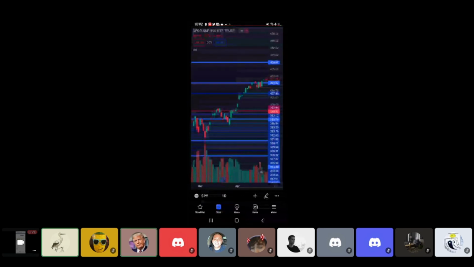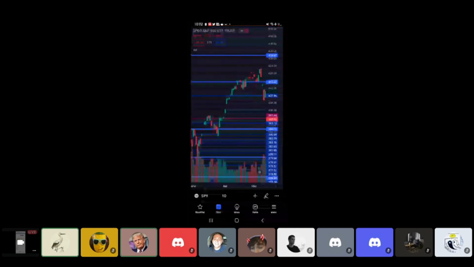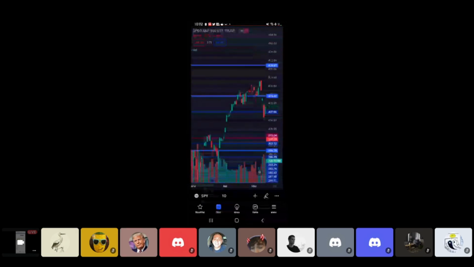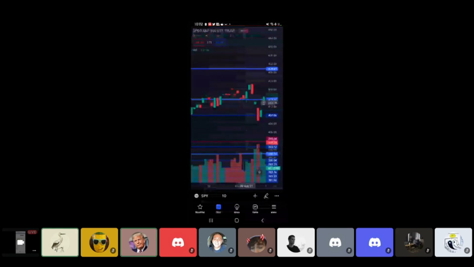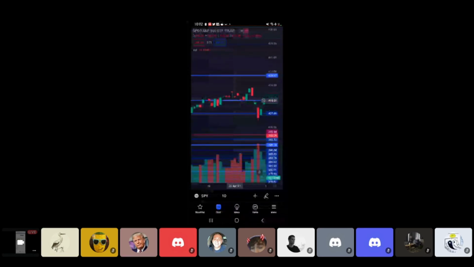So this would be an amazing example of it right here. Essentially, there's two ways to look at it. I don't put too much emphasis on the color, like whether it was a green day or red day, but I put emphasis on where the candle actually finishes and where it starts.